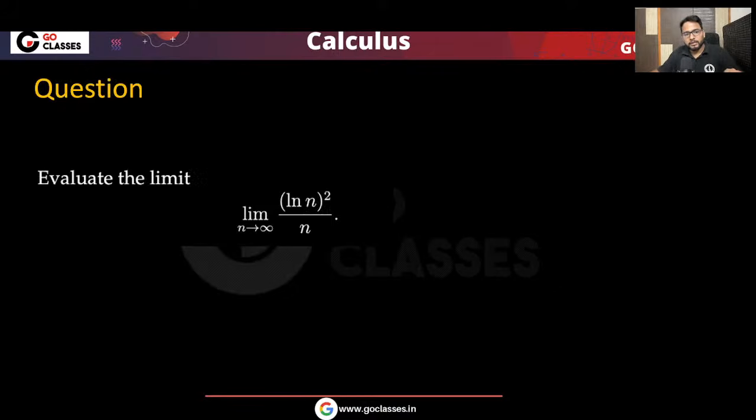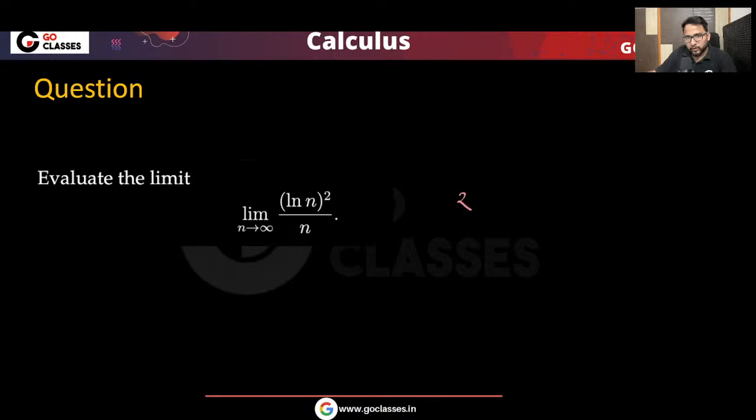Can you solve this? Is this infinity upon infinity or 0 upon 0 form? I think yes. This is infinity upon infinity form. So what you can do, you can just differentiate this. How to differentiate this ln squared?